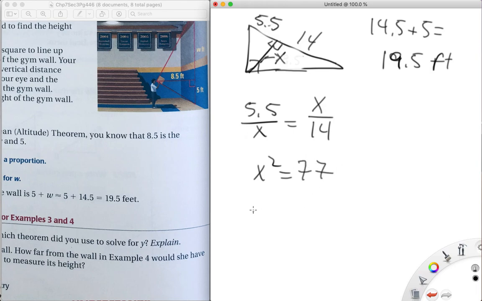I'm going to square root both sides, so x equals the square root of 77, which is approximately 8.7 feet away. So the person is a little bit taller.